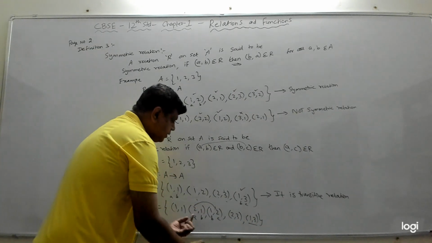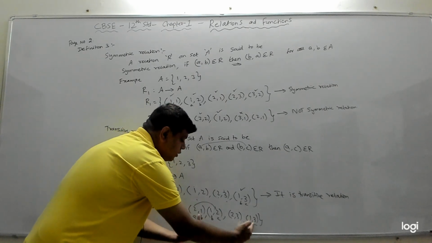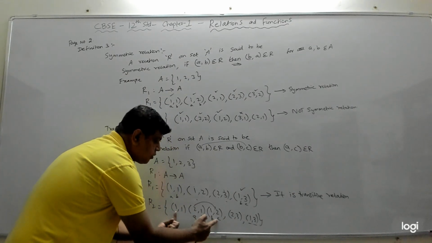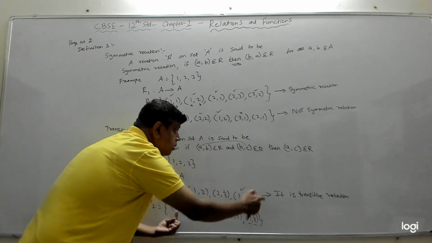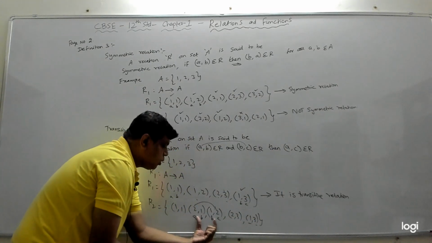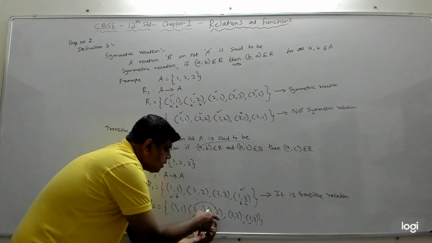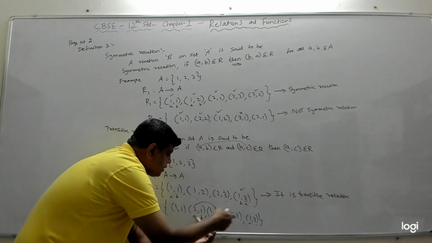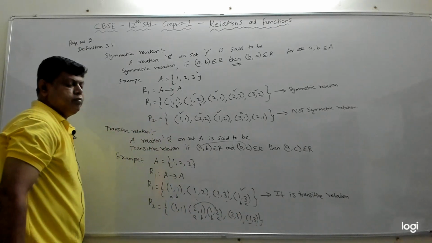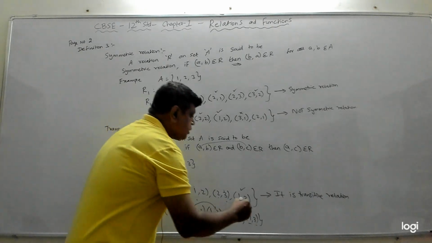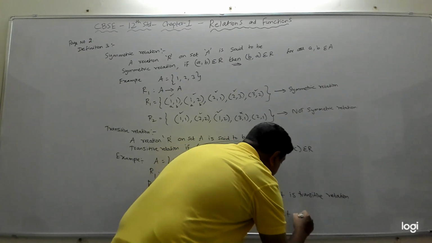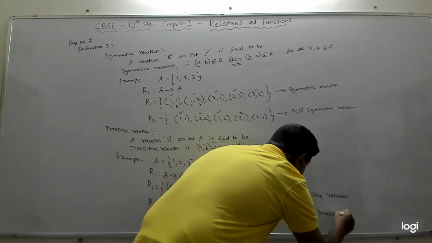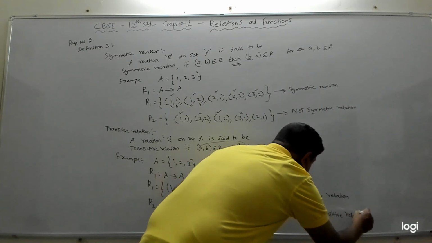Here it was passing for the other pairs, where the third element A comma C was present. But if I take 2 comma 1 and 1 comma 2, then A comma C, which is 2 comma 2, should be in this set, but 2 comma 2 is not there in R2. Therefore, it is not a transitive relation.